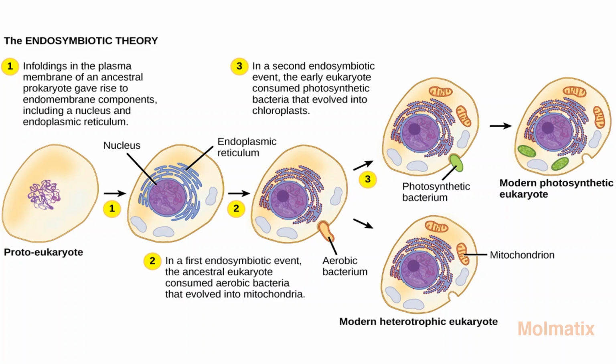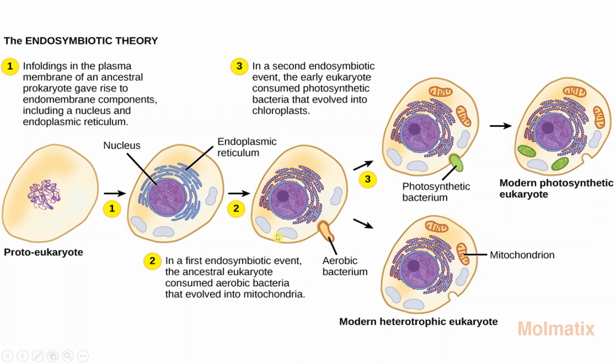After this event, this bacterial cell somehow resisted digestion inside the archaeal cell and established a symbiotic relationship with that archaeal cell, and later on evolved as a very important cell organelle, mitochondria.